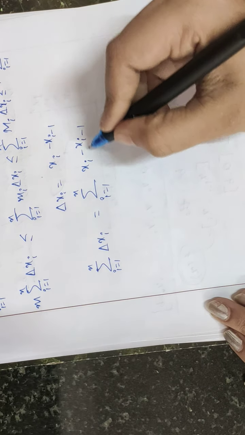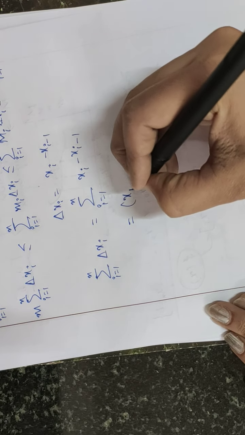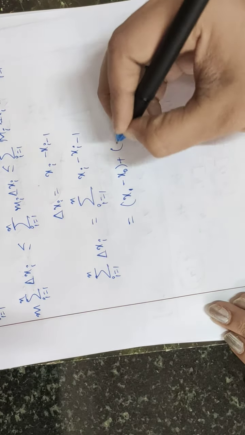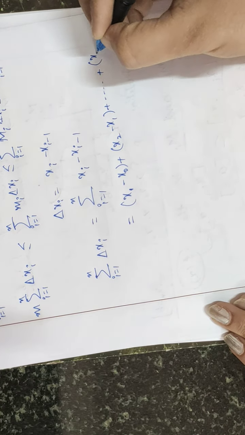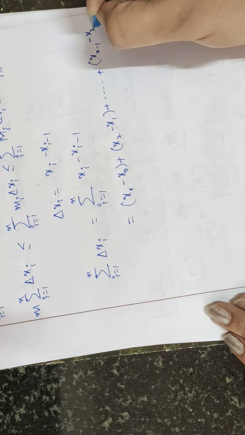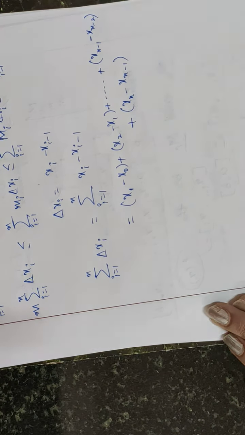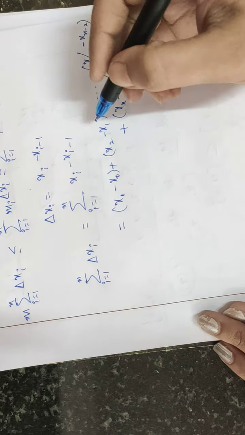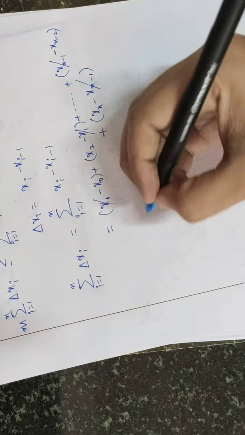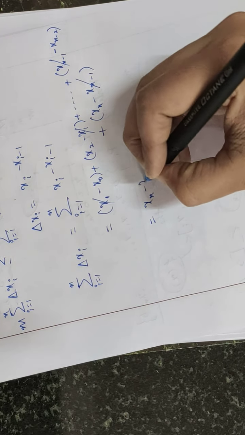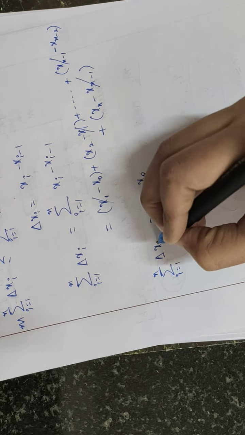Now give values to your i and expand your summation, so that you will get x1 minus x0 plus x2 minus x1 plus so on up to xn minus 1 minus xn minus 2 plus xn minus xn minus 1. You can observe here these two terms get cancelled, these two terms get cancelled. So again x2 gets cancelled with another term. At last you will get xn minus x0. This is the value of summation i is equal to 1 to n delta xi.